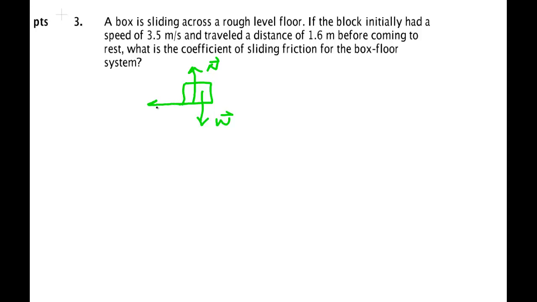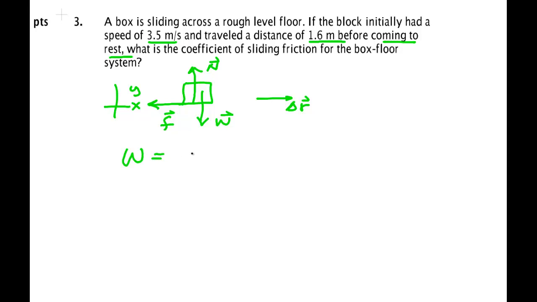It has a friction force like this. It's being displaced in this direction. It's initially with a speed of 3.5 meters per second. It traveled a distance of 1.6 meters. It came to rest. What is the coefficient of sliding friction for the block floor system?